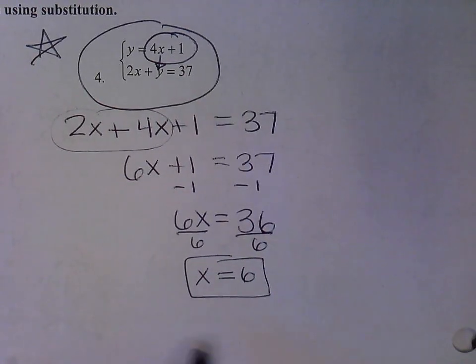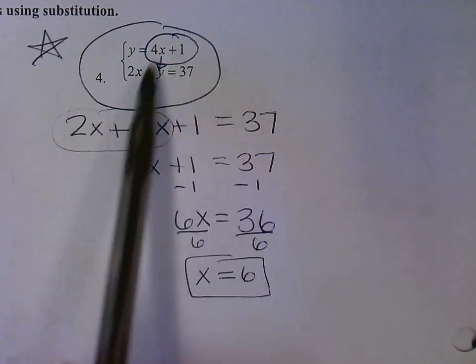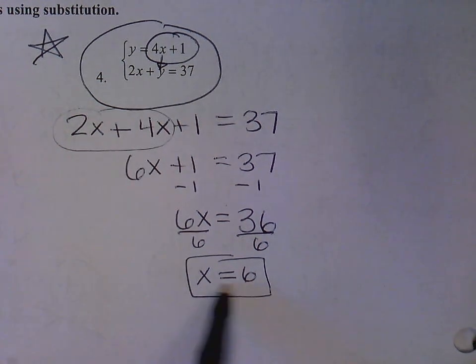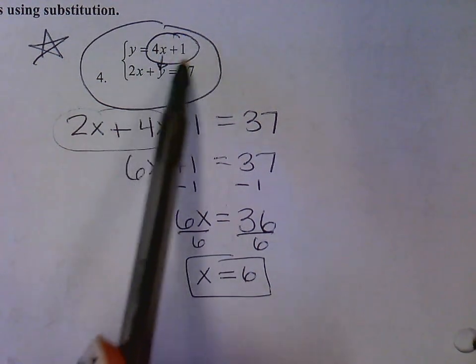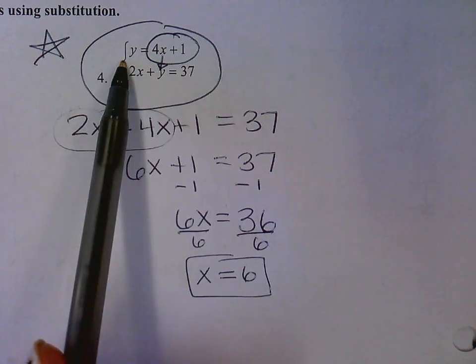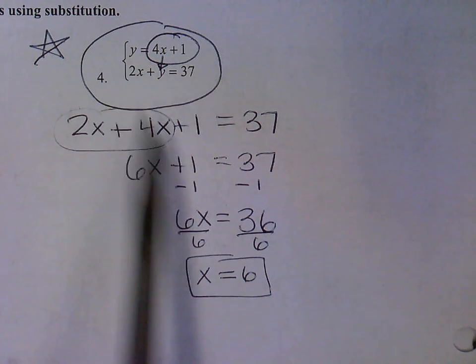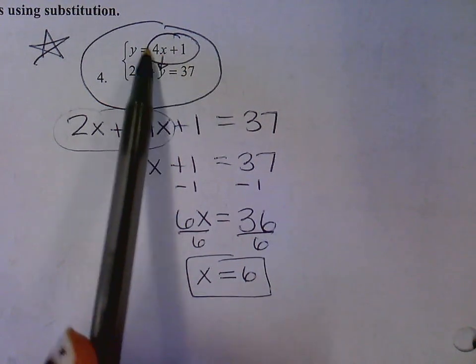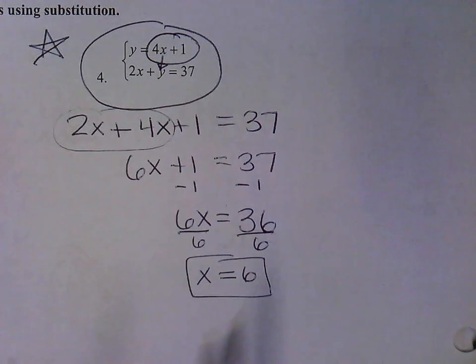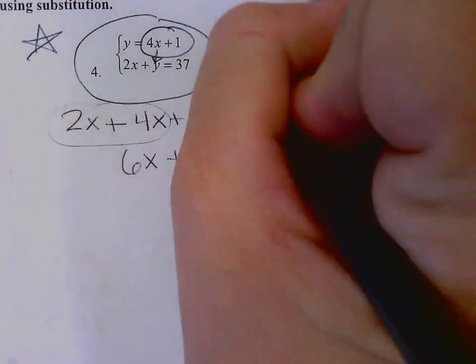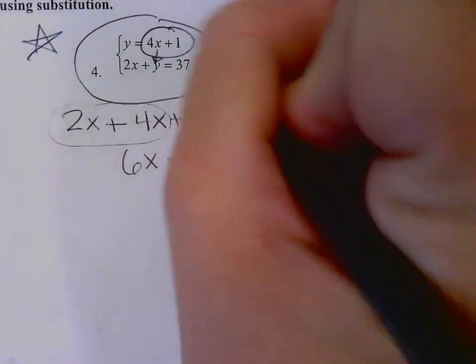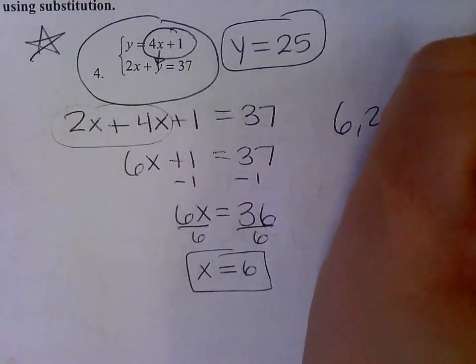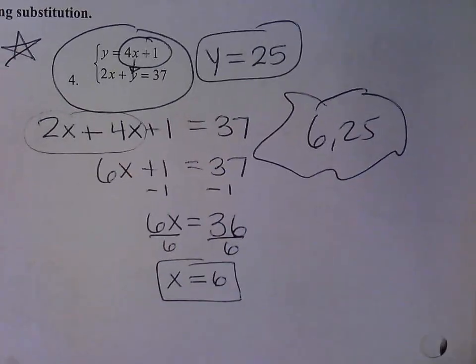I like circling what I'm substituting in because then I can quickly see I'm going to put this 6 into my circle up here, and that's going to give me what y is, right? So when I plug it in, 4 times 6 is 24 plus 1 is 25. So y must be 25. And then I write 6, 25 as my final answer.